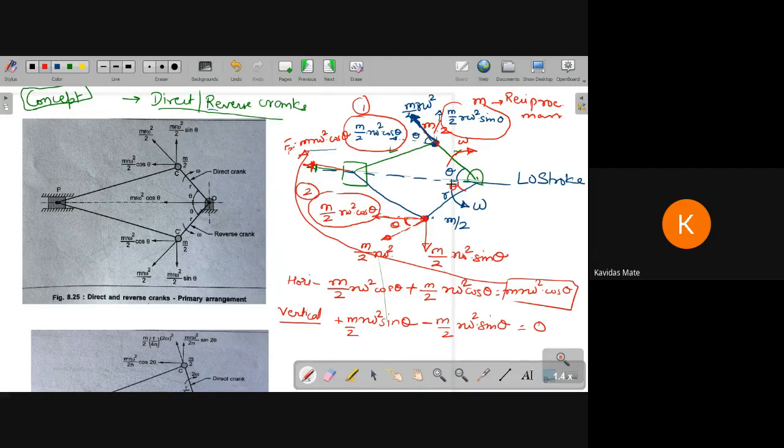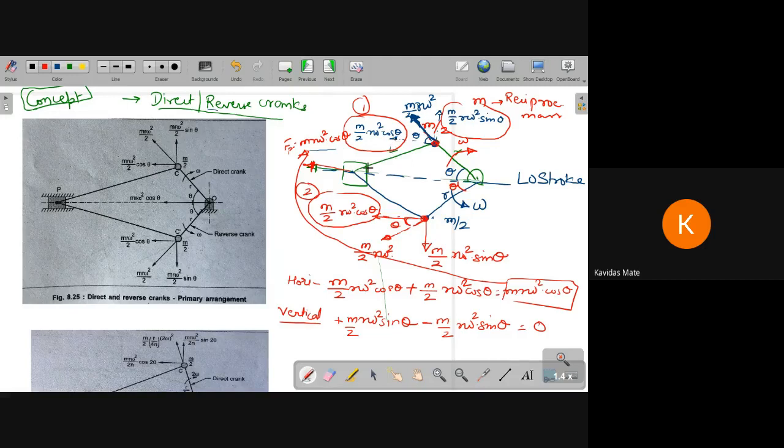With this concept, if we take a simple engine and put a mass m by 2 on the crank pin, it shows m by 2 r omega square cos theta along the line of stroke.